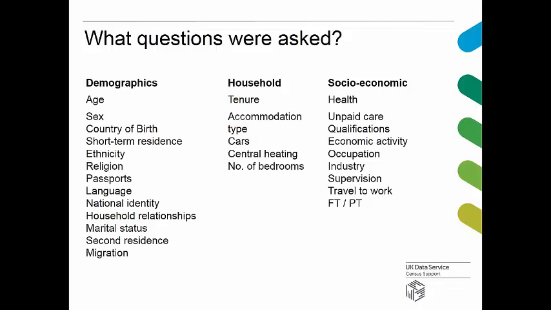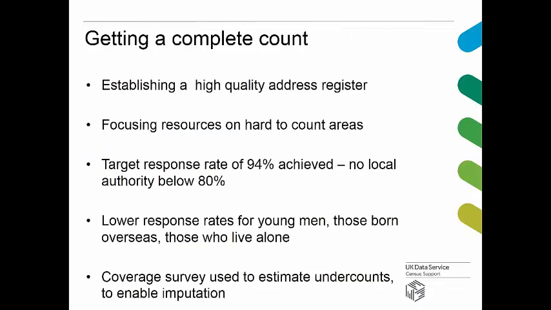So it covers a lot of different topics, but topics don't necessarily go into a lot of detail, so it's fairly broad. And there's always a tension between keeping the census form as short as possible versus obtaining detailed information.